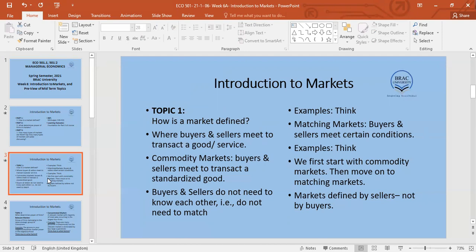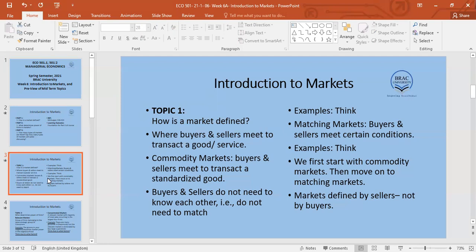For example, you want to buy the Samsung S series, their flagship series. So no matter what store you go to, if you know that this store is genuine, an official dealer, then it doesn't matter whether dealer A is selling this phone or dealer B is selling that phone. They're selling essentially the same thing in my eyes. So that's a standardized commodity.